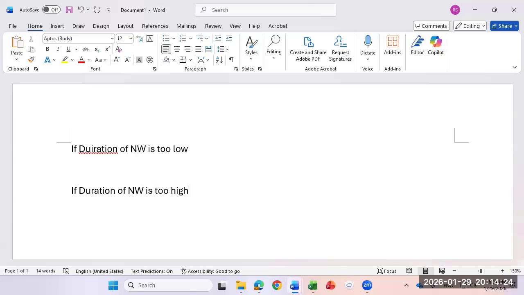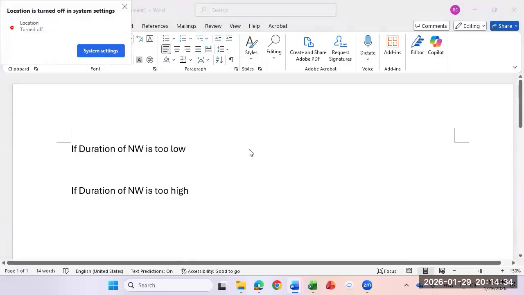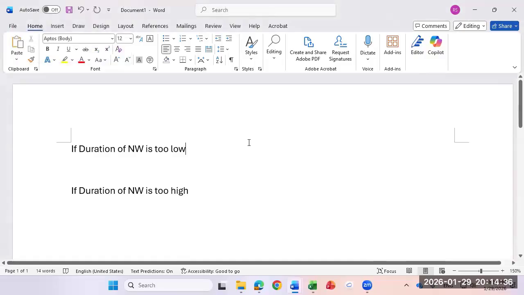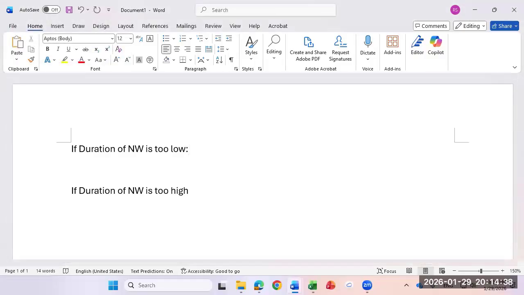In this case, the duration of net worth was 6.43. It was too high. If it had been negative 6.43, it would have been too low. If your duration of net worth is too low, say it had been negative 7 or negative 6, what do you need to do? You need to increase the duration of assets or reduce the duration of liabilities.